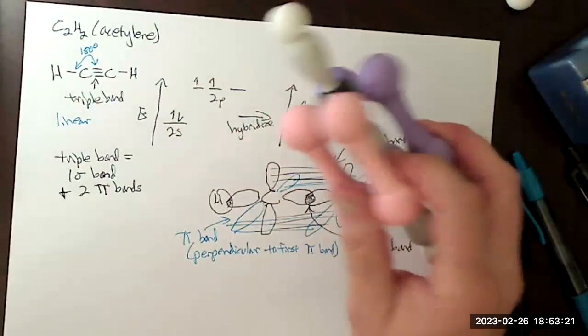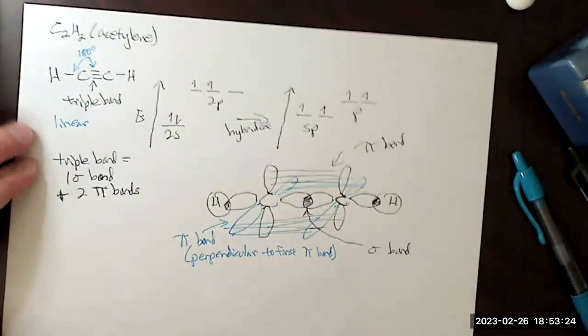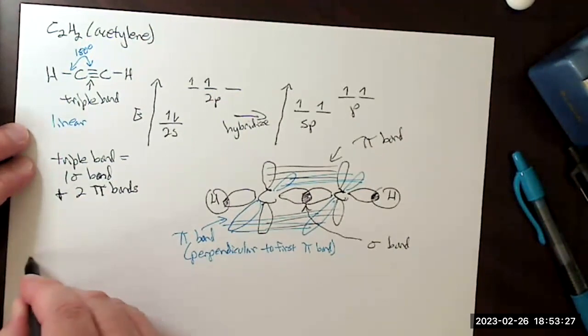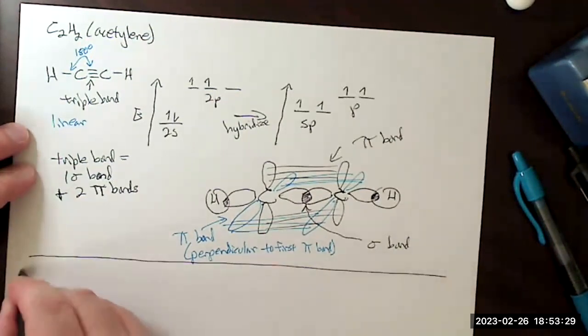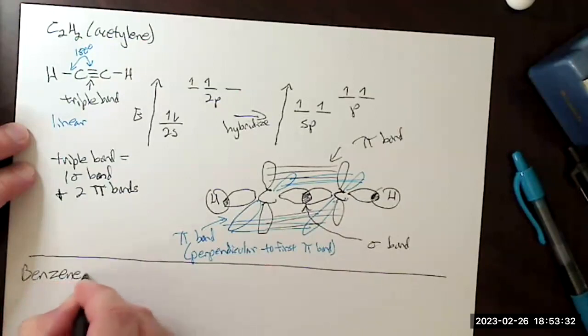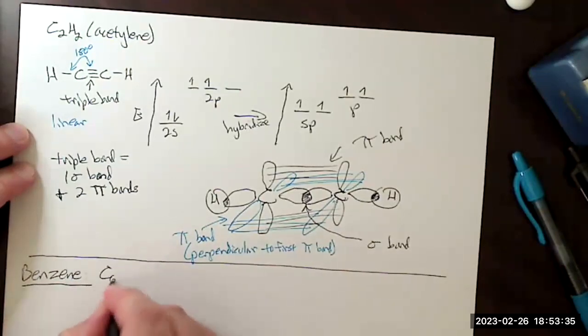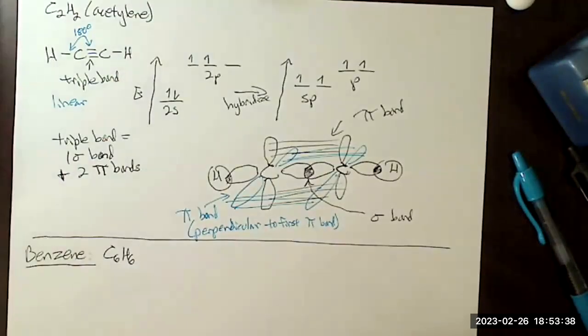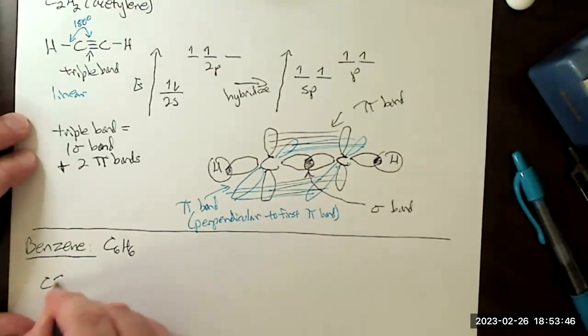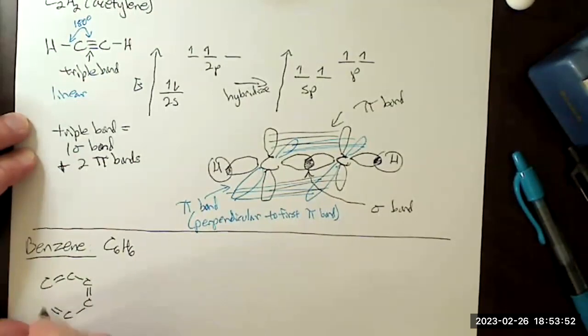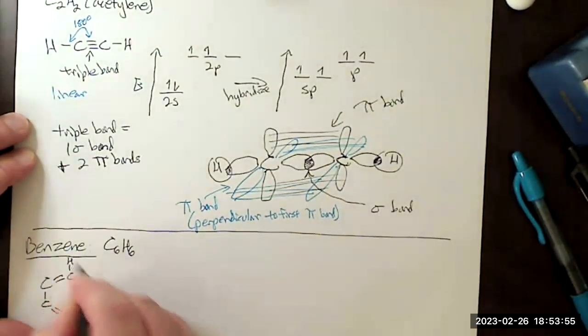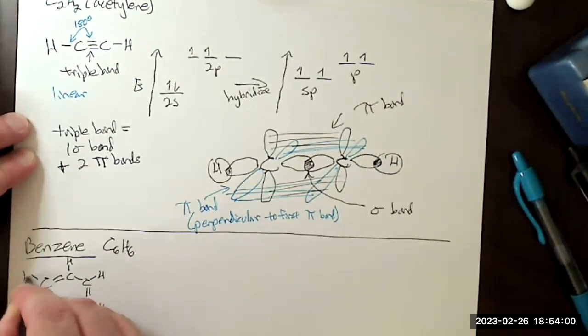Now, we can get some interesting things, and one of them is benzene, which is C6H6. And benzene is interesting because if we were to draw the Lewis structure, it would look like this, alternating single and double bonds, but that's not really accurate.